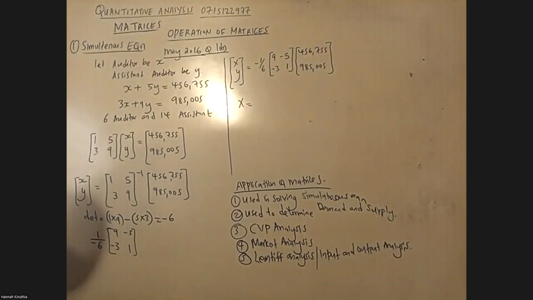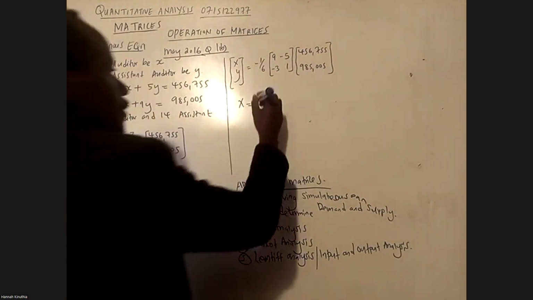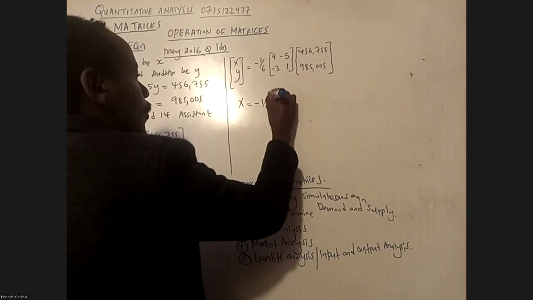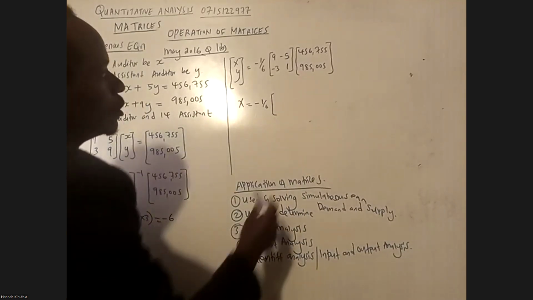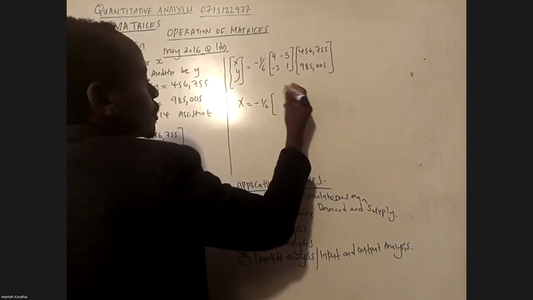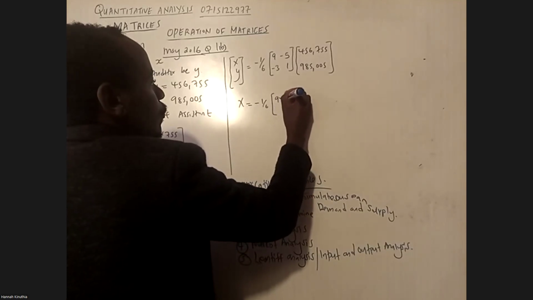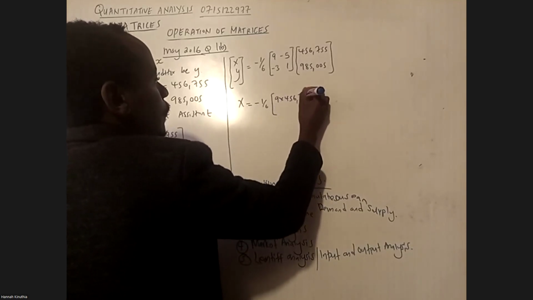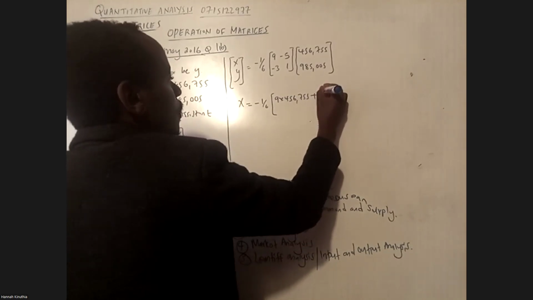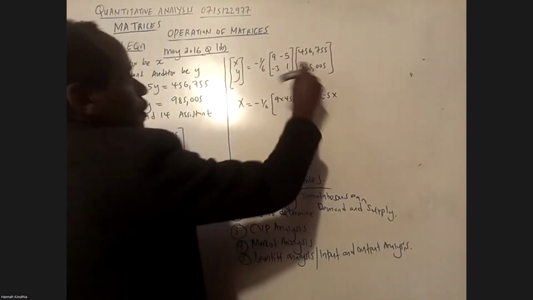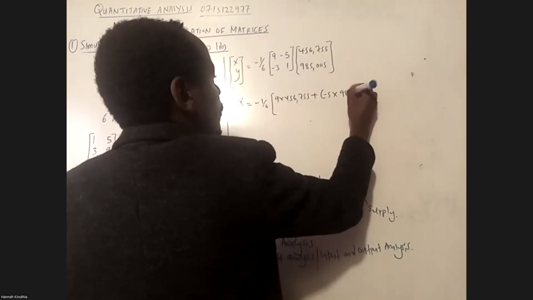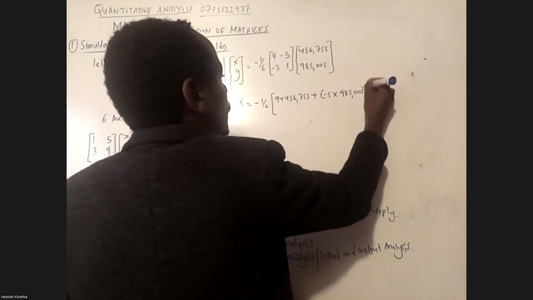So let's start with x. What will be the value of x? The value of x itakuwaje? Now the value of x will be equal to minus 1 over 6. Then we open the bracket at the first one. So itakuwa ni 9 times 456,755 plus minus 5 times 985,005.